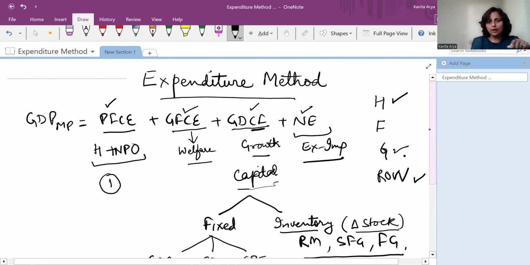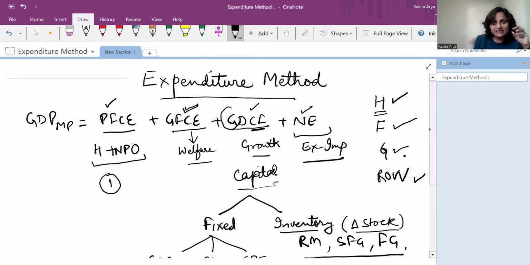The households are covered here in private final consumption expenditure and just one component of residential construction. The firms are here altogether because they are profit making and they are into the capital formation activity. Government is covered here when consumption is talked about, and a bit of the public investment is also talked about.